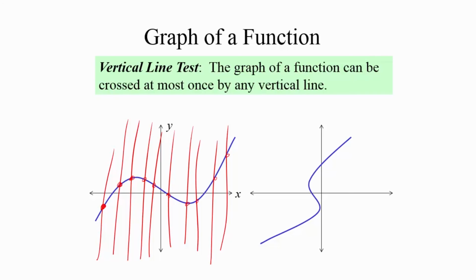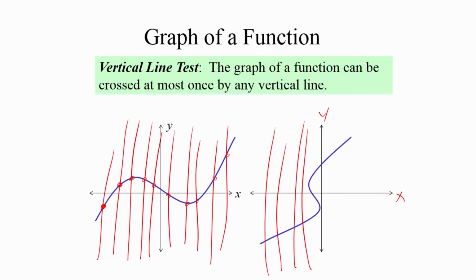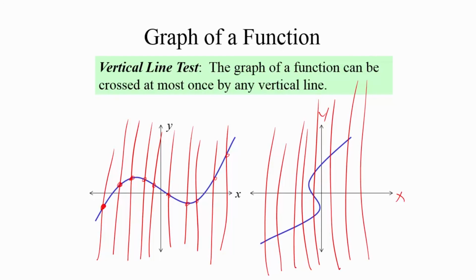In contrast, if I do the same thing to this picture on the right-hand side, well, this first one is cutting the curve at one point, this one at one point, this one at one point. Pay attention to this line. It's cutting the function here, the same vertical line, it's cutting it here, and it's cutting it here, right?